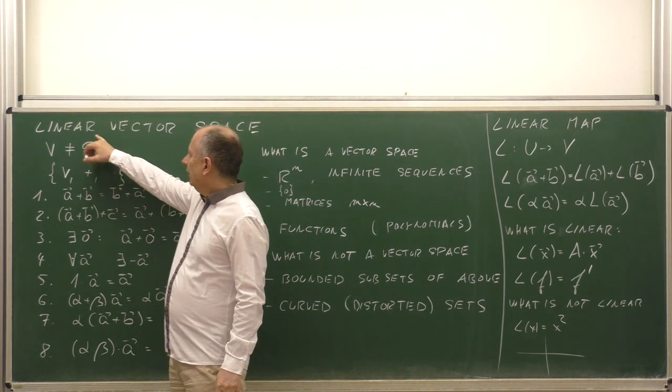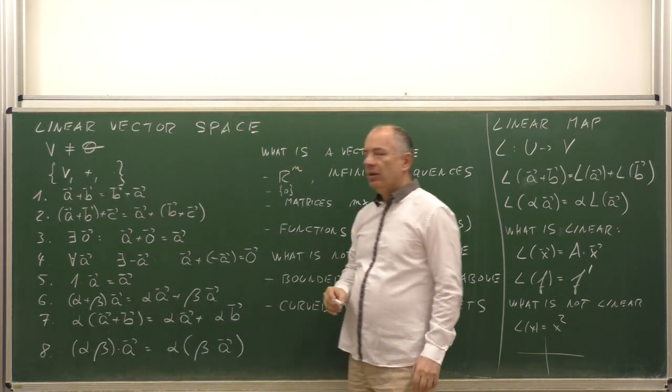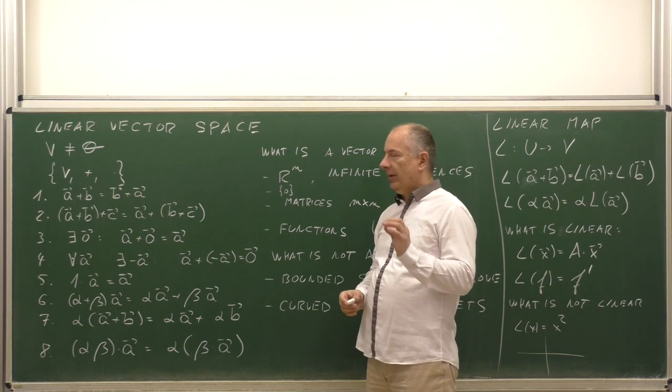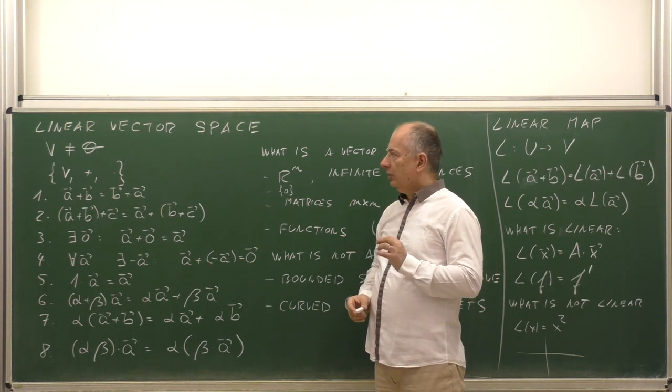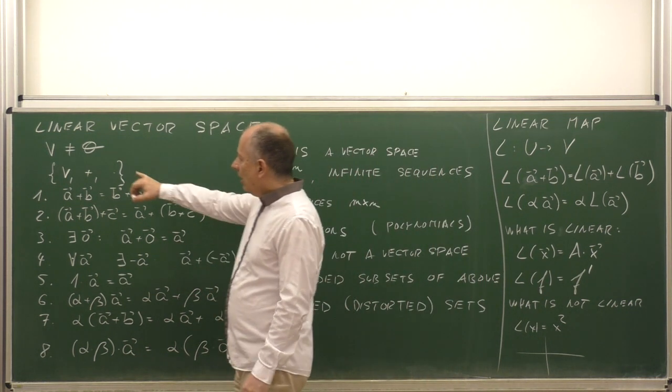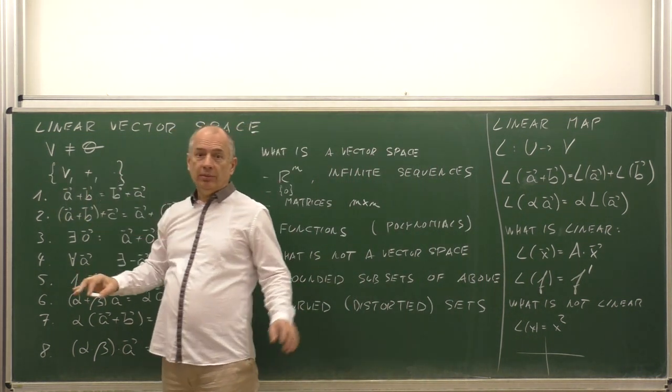So the term linear vector space, sometimes called only vector space or sometimes only linear space, is the following. Consider a set that is not empty.